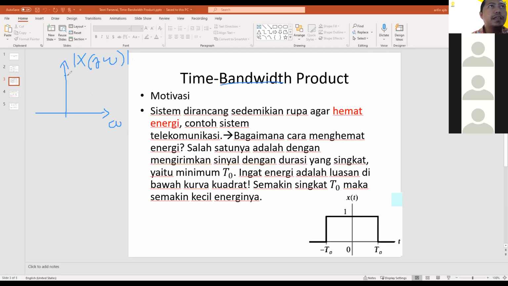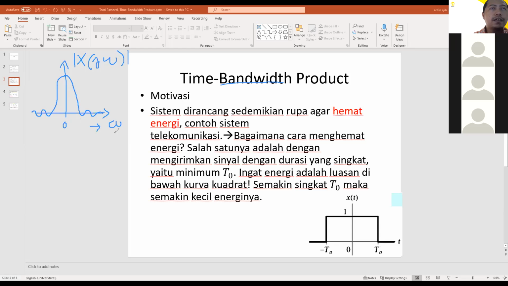We can draw it being like this. This is actually an arbitrary signal. It means that the signal has a high magnitude at frequency 0 and decreases as the frequency increases.